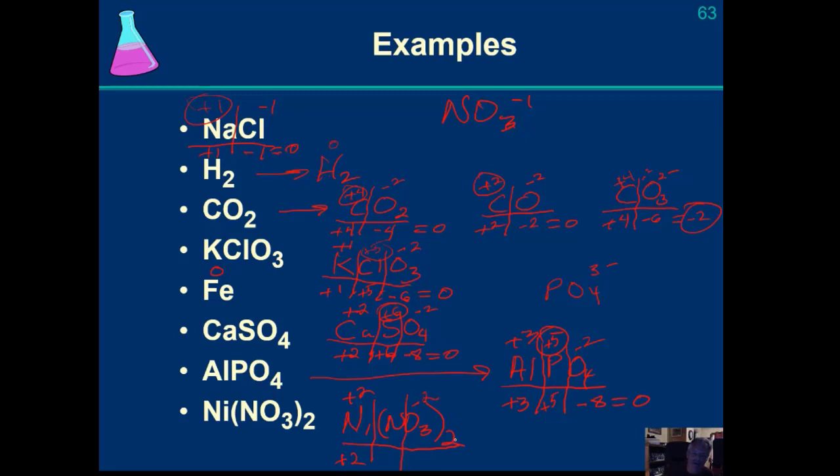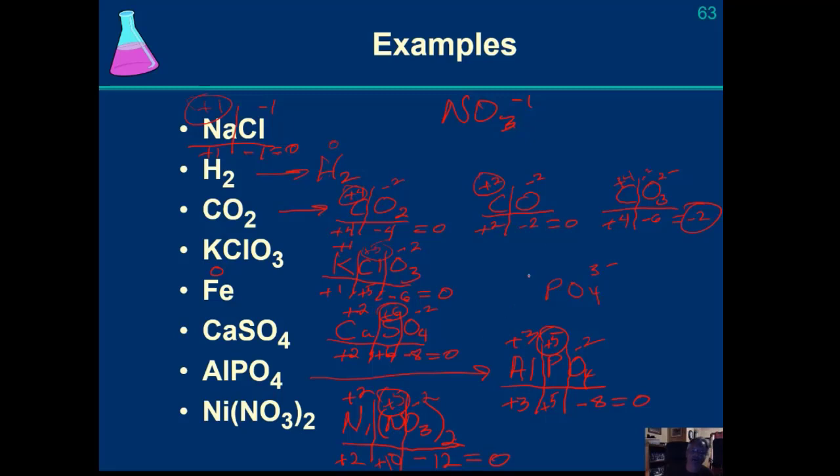I have 2 times 3, which is 6, times a -2, which is -12. That means that this has to be a +10 to add up to the +2, and then the -12 to give me 0. But I have 2 times 1 nitrogen, so I split that +10 up, and that gives me a +5 oxidation state for the nitrogen.